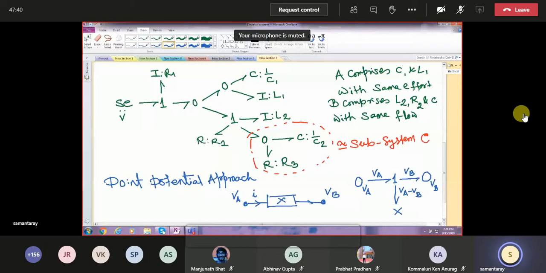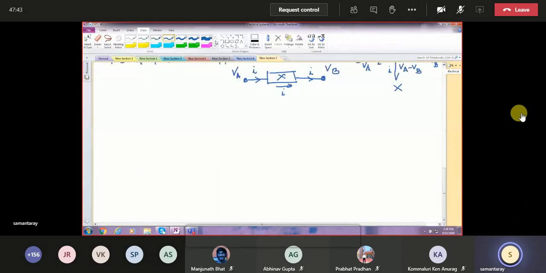I will take a slightly complex circuit to show this. Let us say we have some arbitrary circuit, AC or DC doesn't matter. Let's put some resistance R1, and then let's say there is a bridge with R2 and some inductance L1.